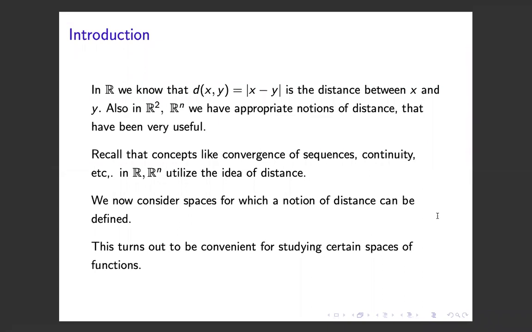Many concepts like continuity and convergence of sequences depend very much on that idea of distance. So now one wants to see how much one can proceed using just this notion, that is, without using the algebraic structure in the real line.